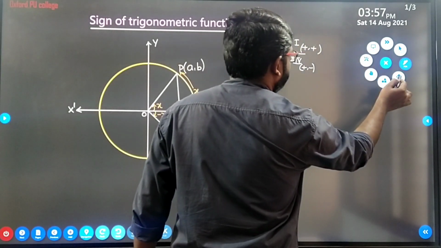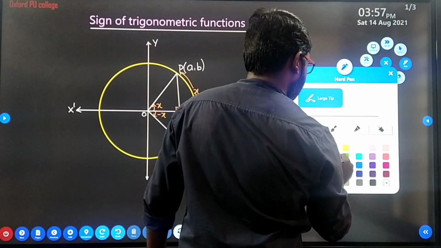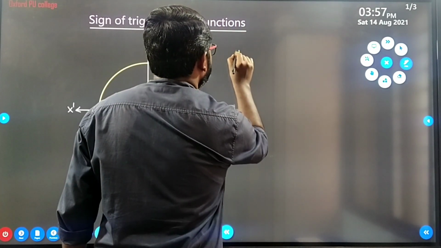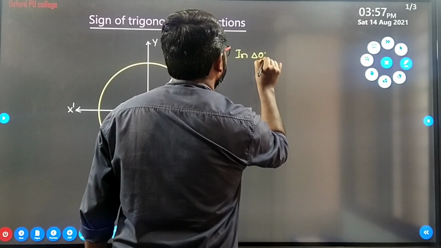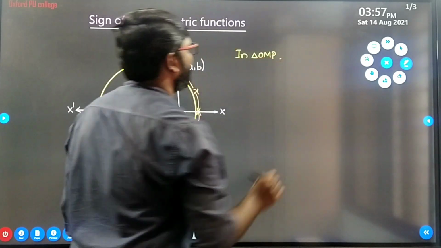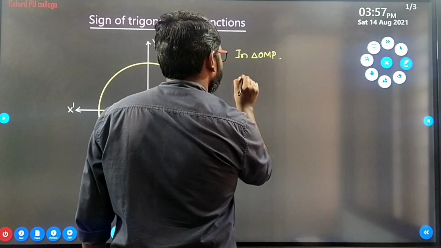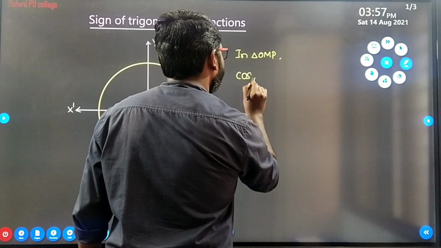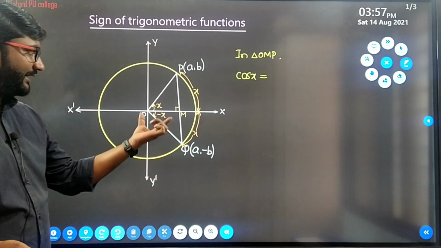So in triangle OMP, what is the value of cos x? Cos x is equal to adjacent by hypotenuse.